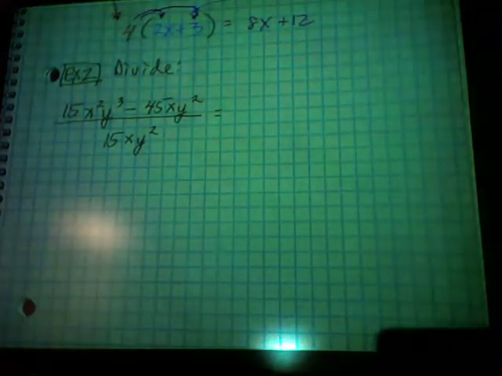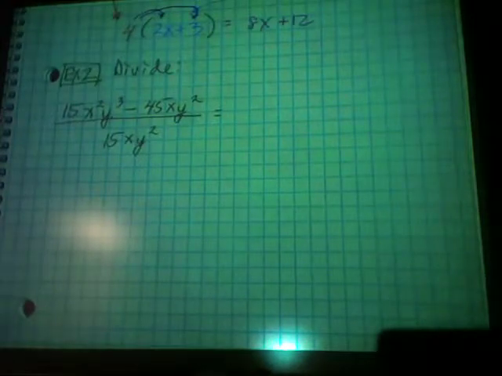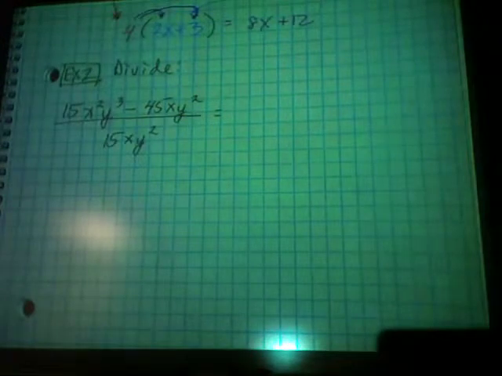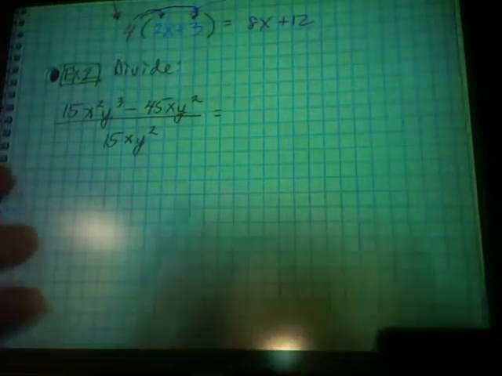So I want to physically see you turn it into 2 different fractions and then reduce each of those fractions. When you divide like bases, what do you do with your exponents? Add, subtract, or multiply? You subtract. So go ahead and split it and reduce.